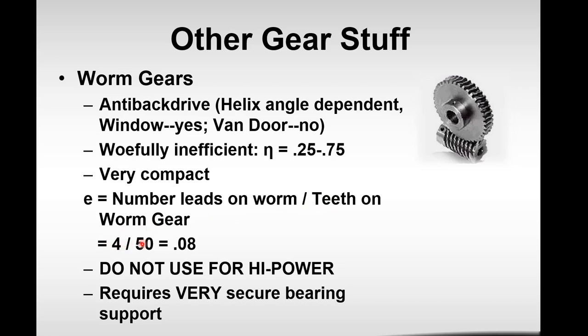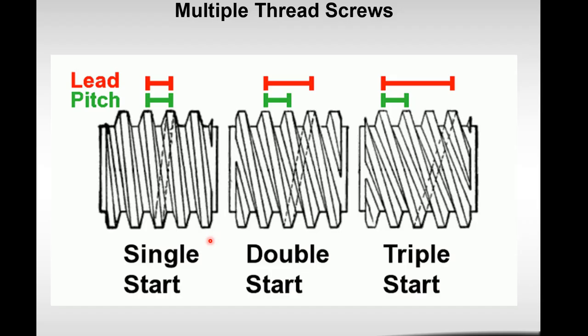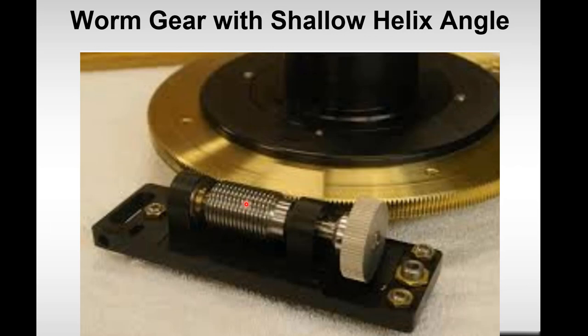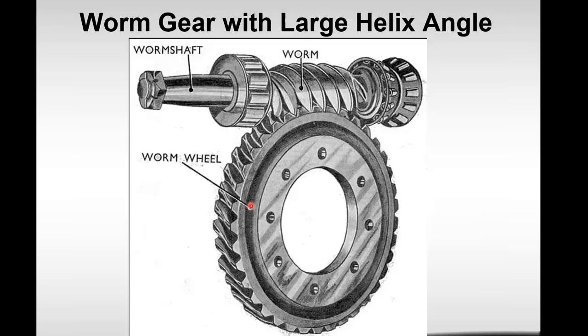So that's where this comes from. Here's an example with a shallow helix angle. By trying to rotate this disc right here, it's going to be very difficult to move the worm right here. Whereas if you have something with a really large helix angle, then you will be able to back drive it.